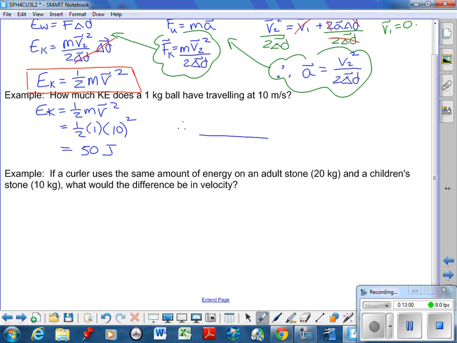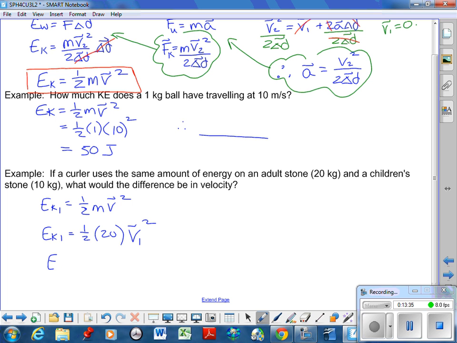All right. Now for the big curlers in the crowd, if a curler uses the same amount of energy on an adult stone and a children's stone, what would the difference be in velocity? So kinetic energy 1 equals 1/2 mv squared. So we know that the kinetic energy of the first stone is going to be 1/2 times 20 for the adult stone, times v1 squared.